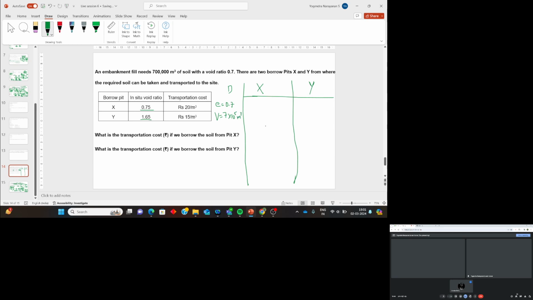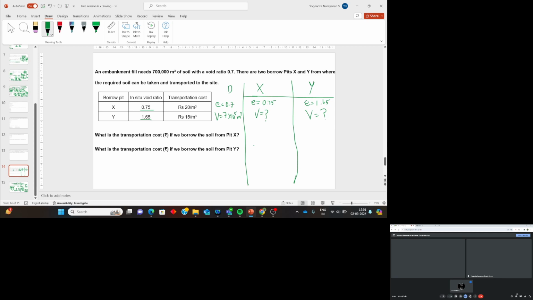And you need to calculate V here and V here. You know e is 0.75, e is 1.65.